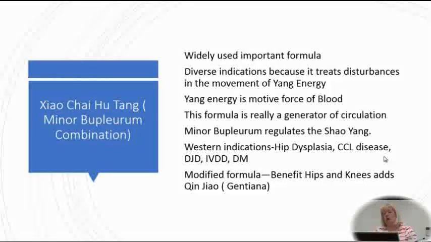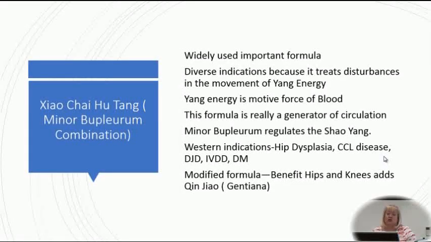The modified formula that I use for a lot of my rehab dogs is one that's called Benefit Hips and Knees, because it takes the Xiao Chai Hu Tang and adds in Qin Jiao, which is Gentiana. And I have found that these dogs who are on this do extremely well.